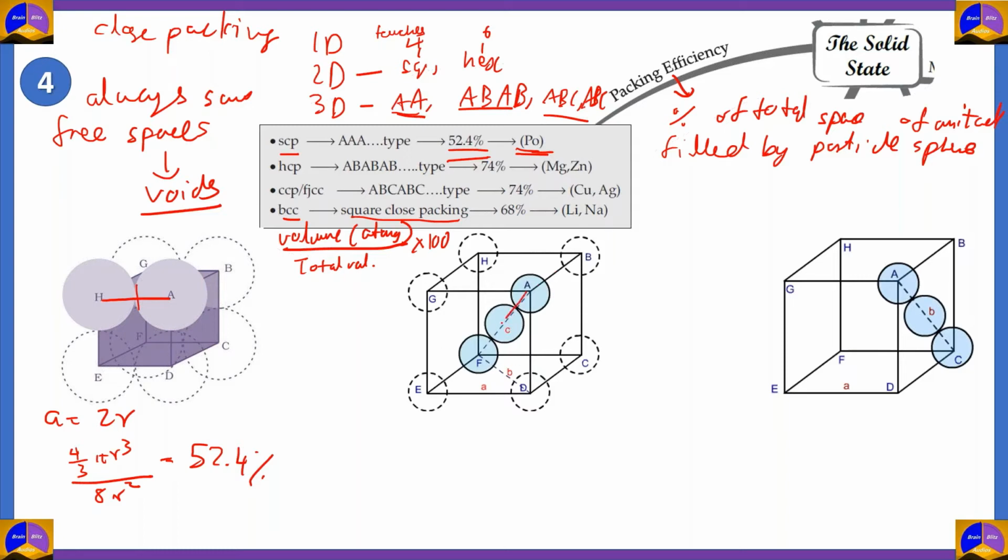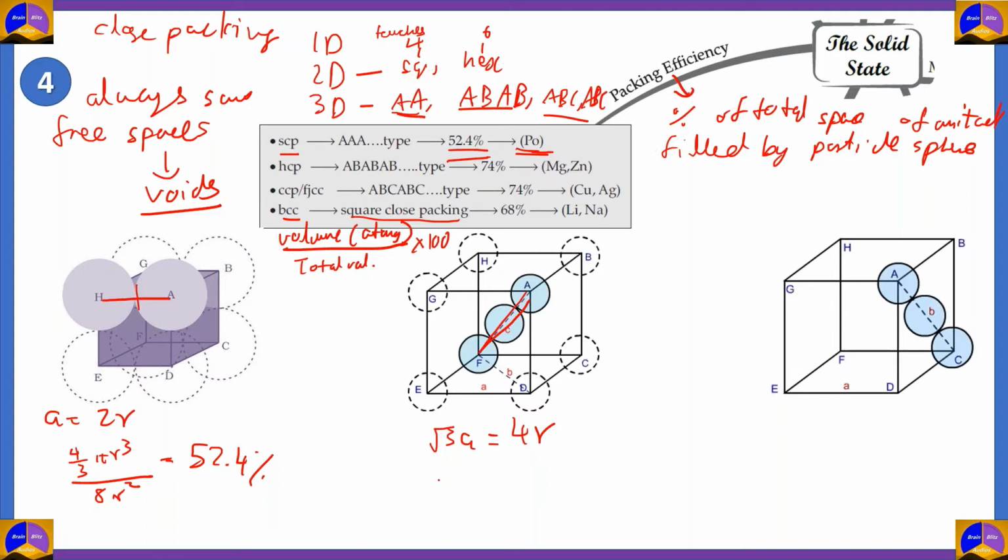So the diagonal of a cube, which is root 3a, will be equal to 4 times the radius. So the body diagonal is equal to 4 times the radius of an atom. Therefore, root 3a is equal to 4r, so a is equal to 4r by root 3.